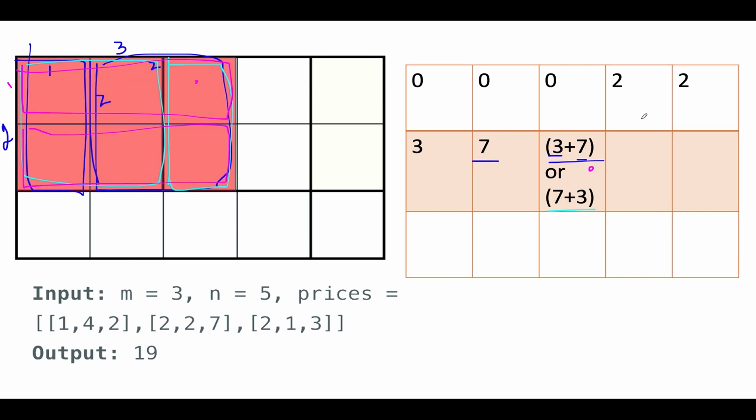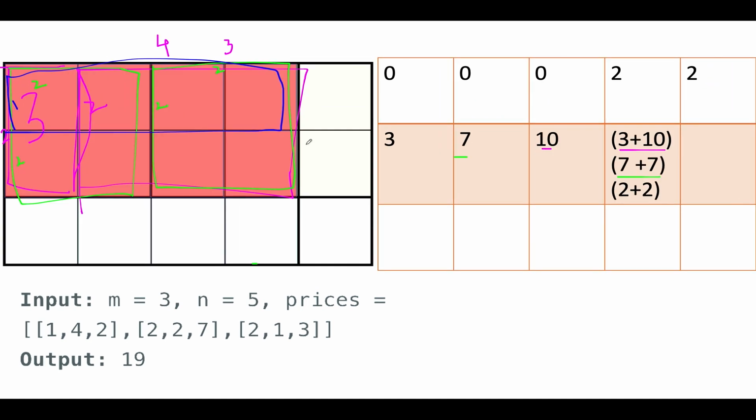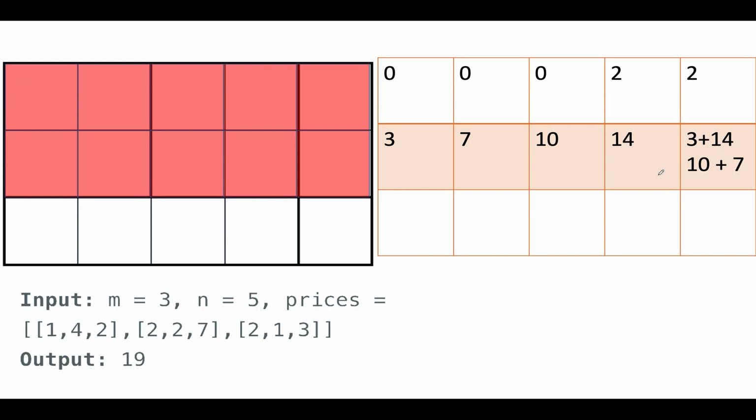So let's reuse the pre-computed values. Here you will see we have two such logs of the same dimension, 1 into 4, and the total cost earned after selling these two logs would be 4 units. Out of these three possibilities, what is the maximum one? 14 is the maximum one, therefore it becomes the answer.